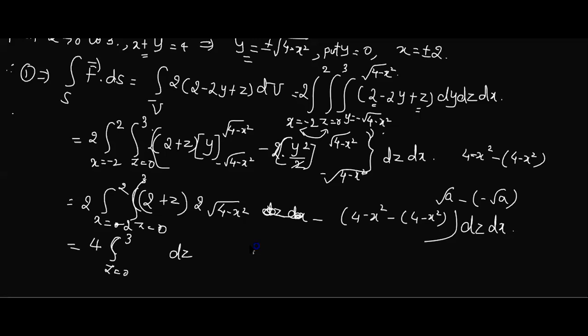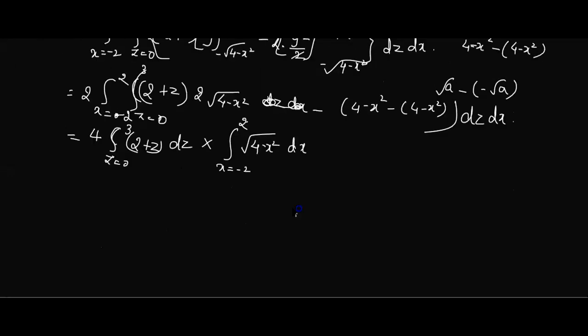Tell me among this, which are the terms containing z? 2 plus z. Which are the terms containing x? If you are not comfortable, you can do it separately, but this is the easy way. These terms you can easily separate and the limits are constant, so we can write it as a product of these two integrals.